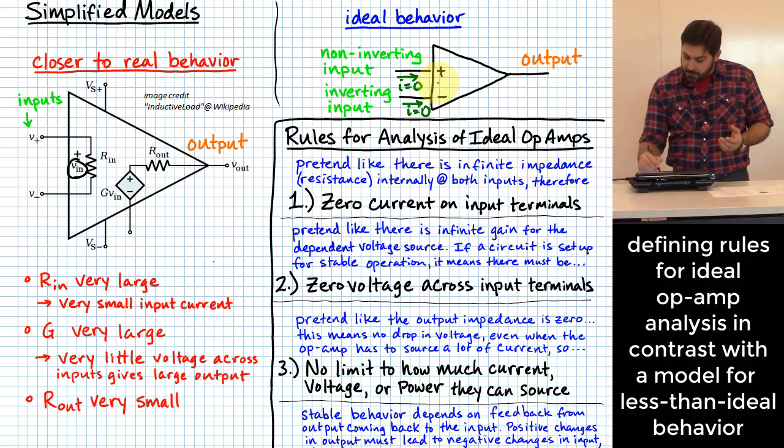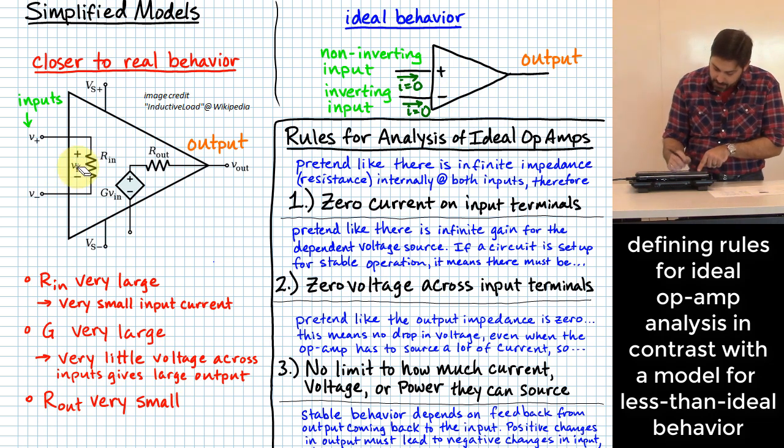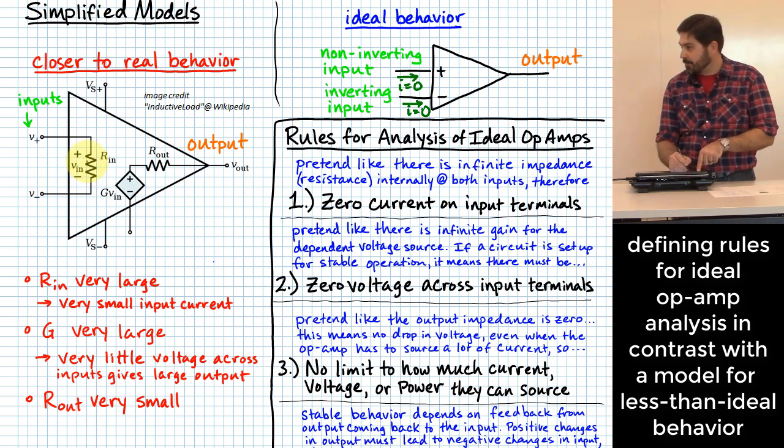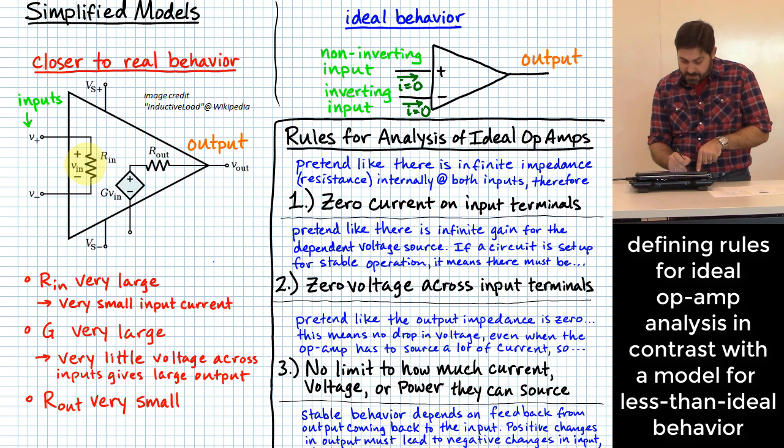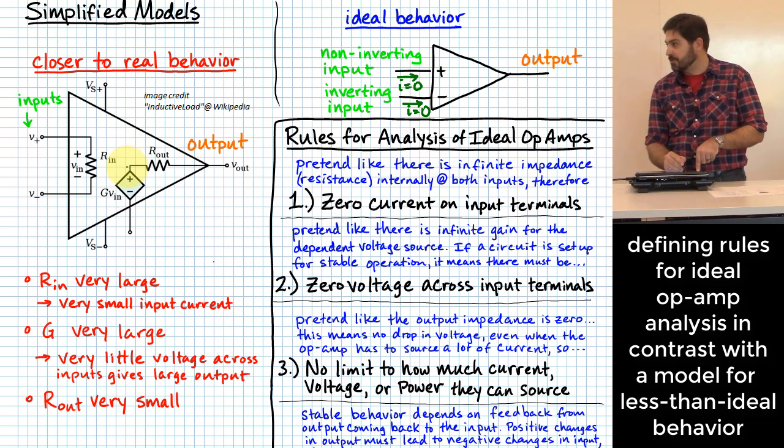If you have some non-zero voltage you put across these terminals, that would be a non-zero Vin on the model over here, right? If you have a non-zero value there and an infinite G, then that means you're going to generate an infinite voltage on the output, okay? And that can't happen.